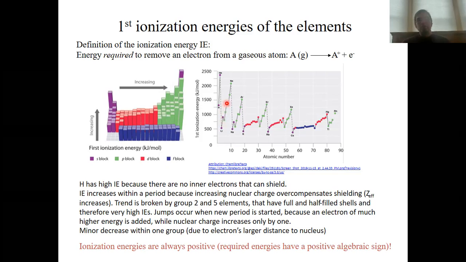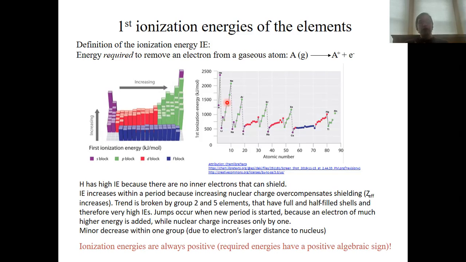And you see that here for the group 15 element, nitrogen, we have a higher ionization energy in comparison to oxygen. So the group 2 and the group 15 have higher ionization energies than expected, so the trend is broken for these.